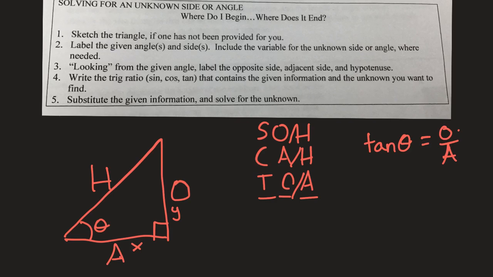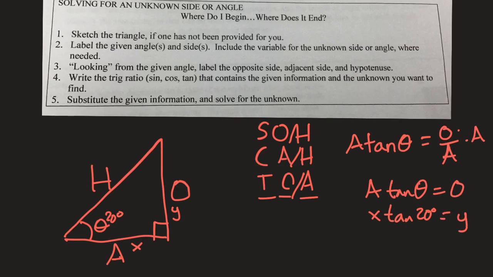Now we're solving for our opposite, so we will multiply both sides by the adjacent, giving us adjacent times tangent of theta is equal to our opposite. We know what our adjacent and our theta are, so we can plug that in. We said it's x tan, and let's say this is 20 degrees. So 20 degrees, and we could solve for our y. Now we're going to be doing that over and over again, as you'll see.